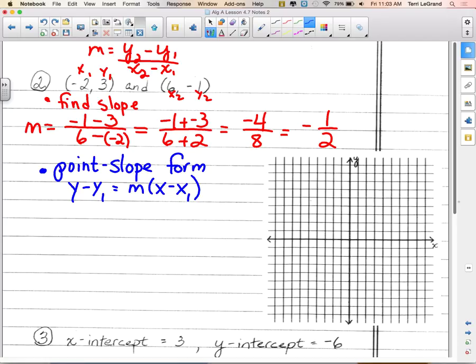Now, let me just give you a little hint. Whenever the slope is a fraction, the slope is going to have to get multiplied by an x value on that right side. So you always want to make sure that you pick the point that you're going to be able to take half of the x value nicely. So in this case, would it work for either of them? Can you take half of -2 nicely? Yes. Can you take half of 6 nicely?